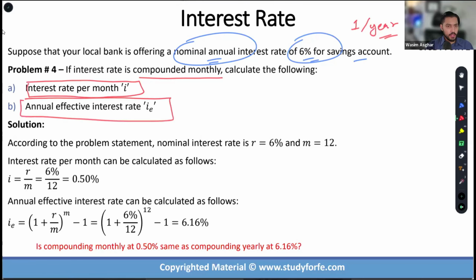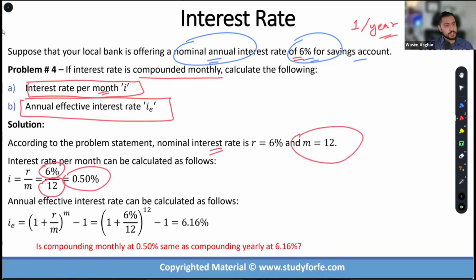All right, guys. So now that we know we have multiple compounding periods, per month. There are 12 months in a year. The nominal interest rate is 6%. This is where you have to pay attention. When I take 6% and divide it by 12, I end up with 0.50%.